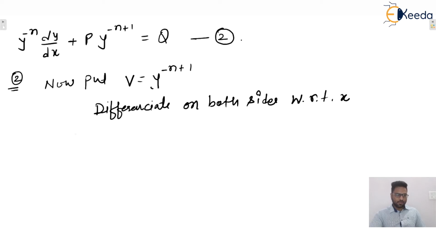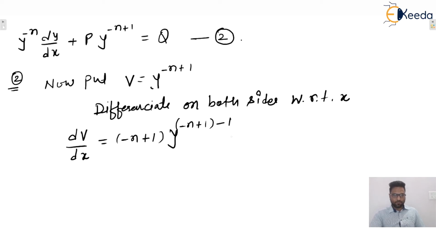Now this equation becomes dv by dx equals, that is, minus n plus 1, y raised to power minus n plus 1 minus 1.